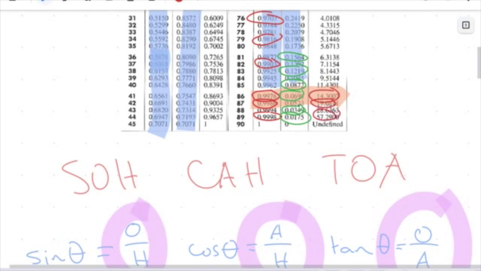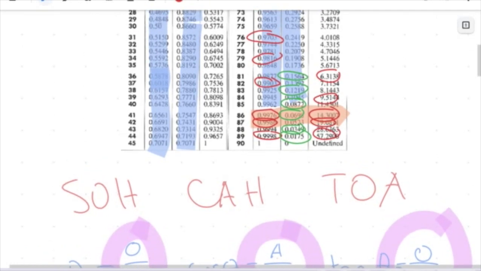My tan ratio relates my opposite to my adjacent. My opposite's big relative to my adjacent, so dividing opposite by adjacent gives me numbers bigger than 1 when the angle theta gets quite big.